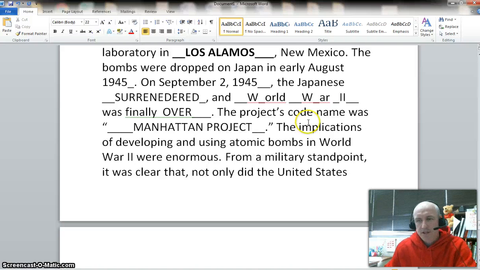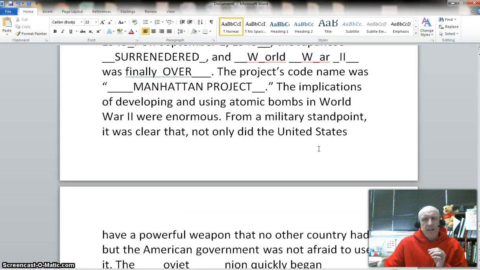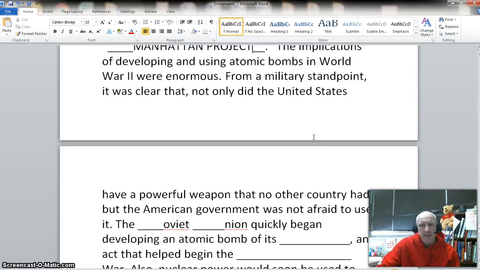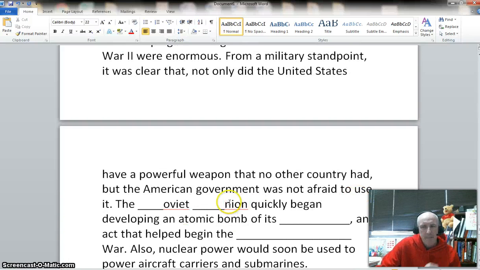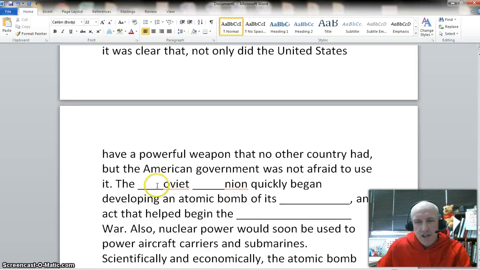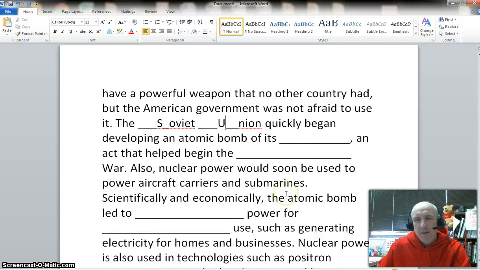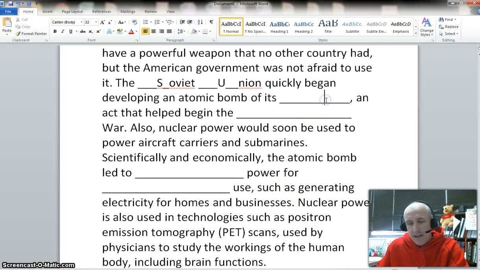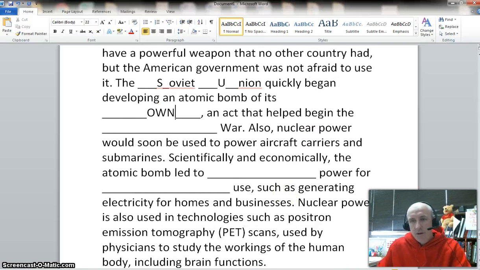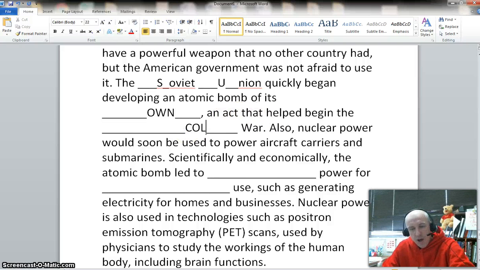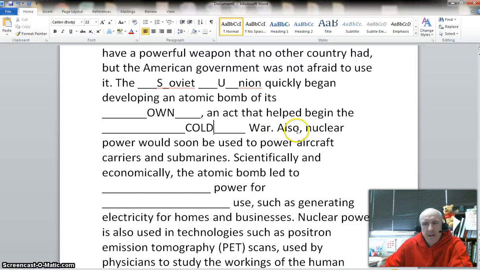The Manhattan Project. The implications of developing and using atomic bombs in World War II were enormous. From a military standpoint, it was clear that not only did the United States have a powerful weapon that no other country had, but the American government was not afraid to use it. The Soviet Union quickly began developing an atomic bomb of its own, an act that helped begin the Cold War.